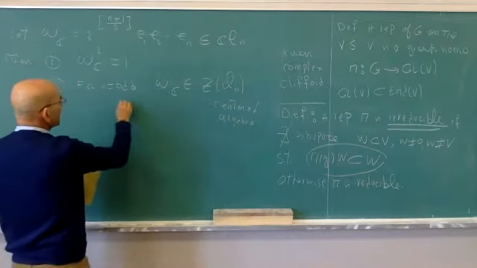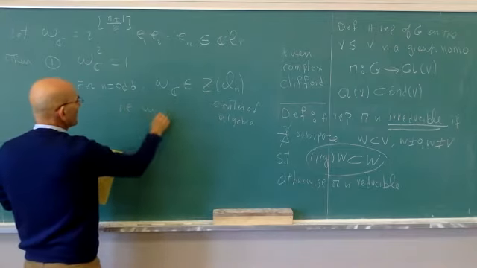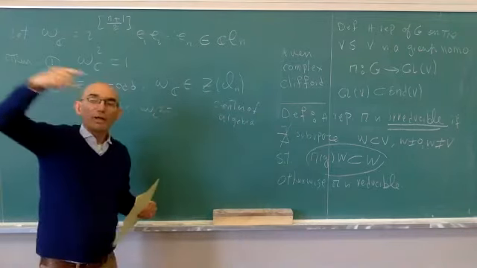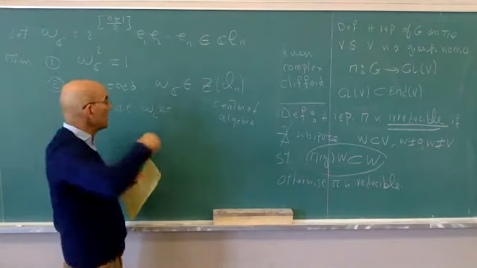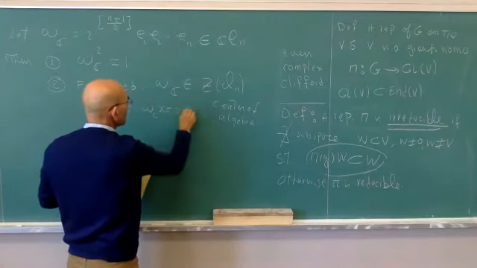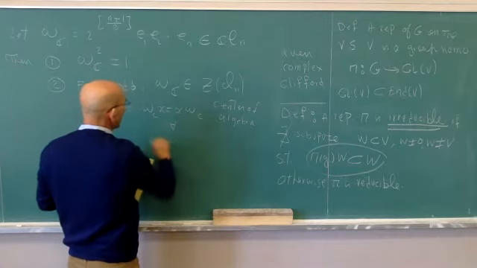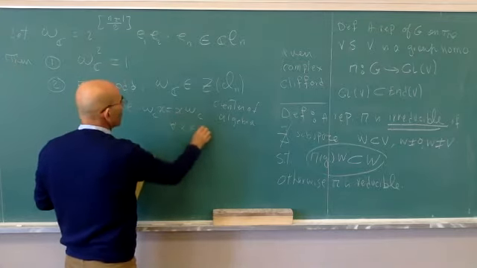This means that omega c commutes with all elements of the algebra: omega c x is equal to x omega c for all x belonging to C l n.